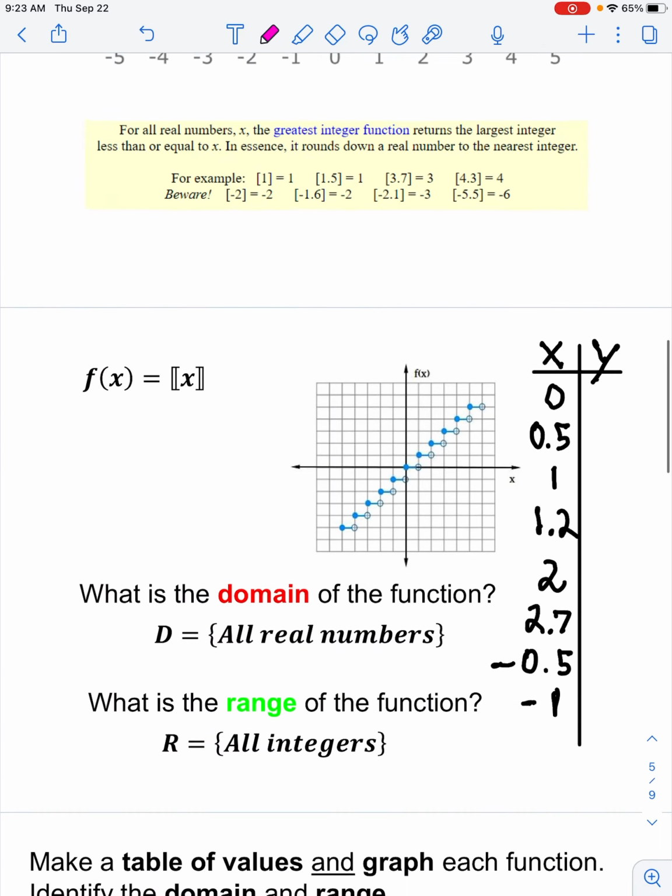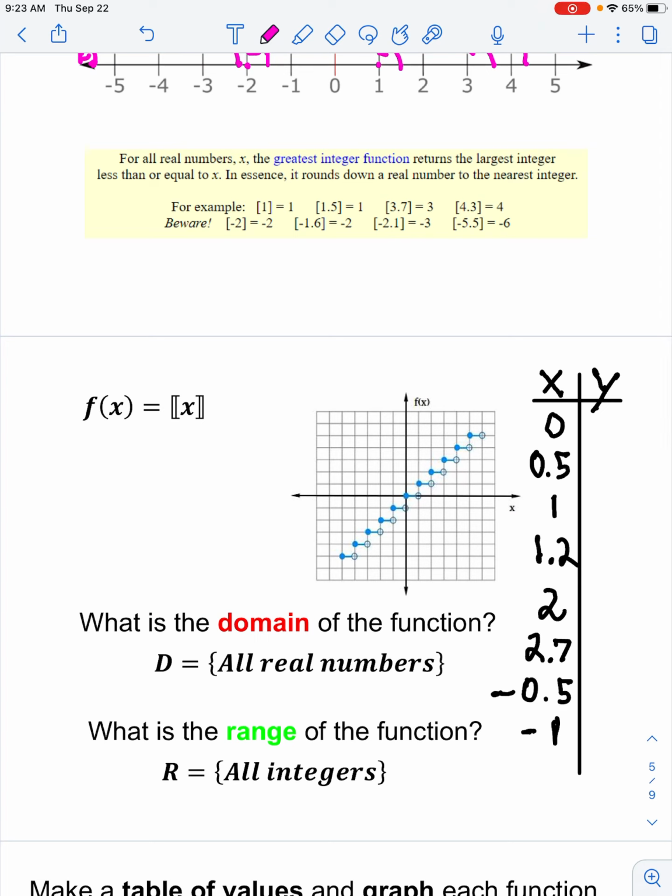So then moving down, I am showing you what the greatest integer function graphs like. It graphs like a step function. Think about it. If I put in 0 to the greatest integer function, the greatest integer less than or equal to 0 is 0. So my table would fill in like that.